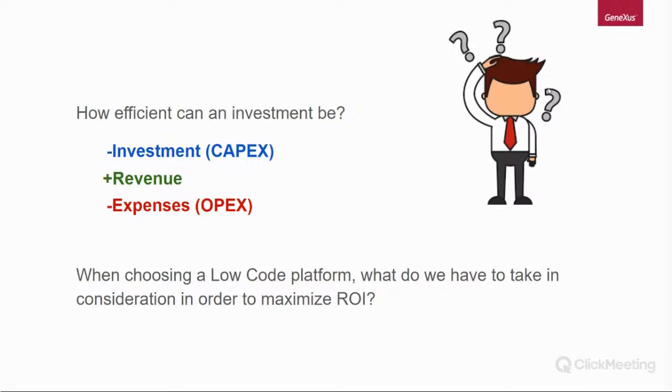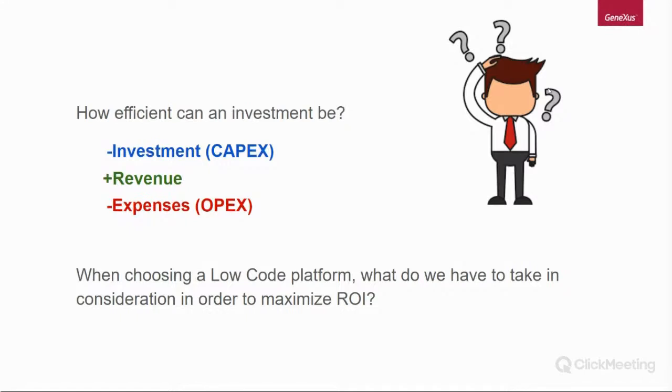So the revenue in the case of having a platform to develop internal applications is not easy to measure. How do we measure if an internal software was useful for our company? It's not a question of only numbers and prices as it would be in the case of the software house.